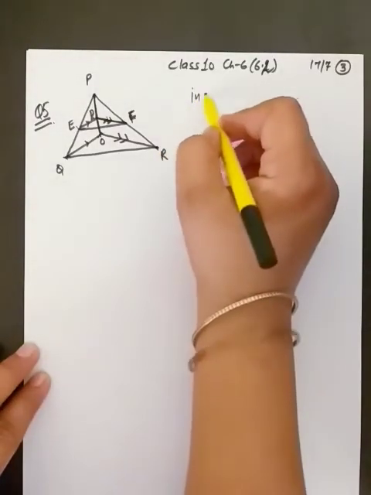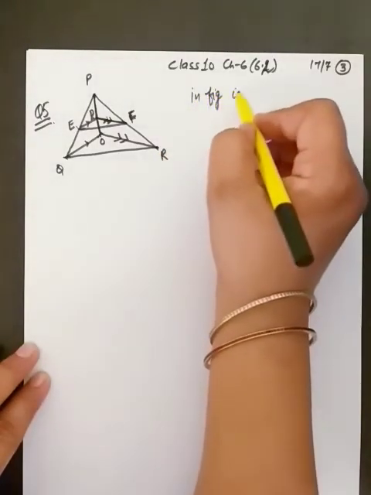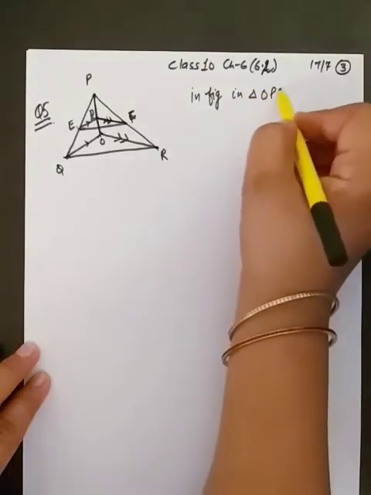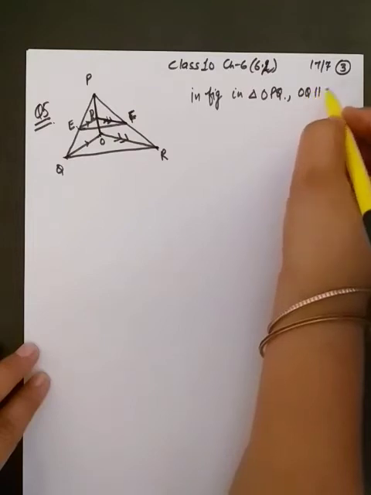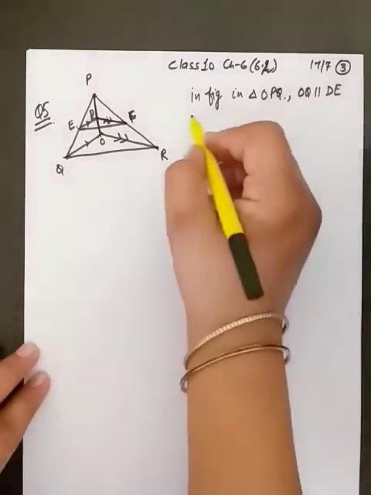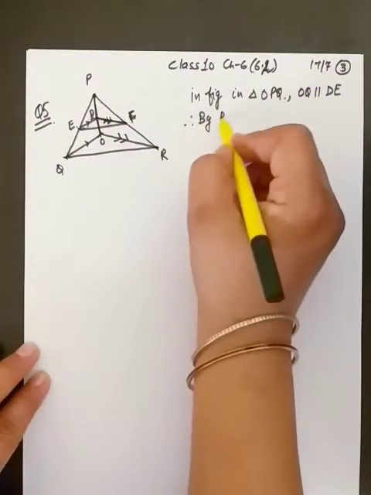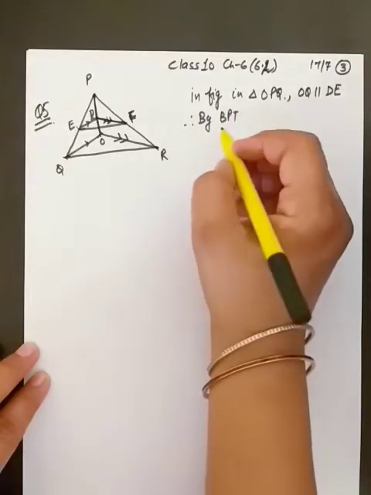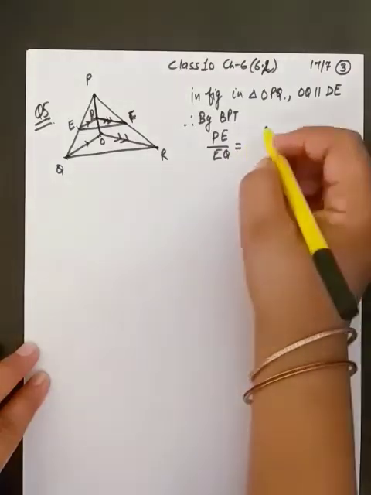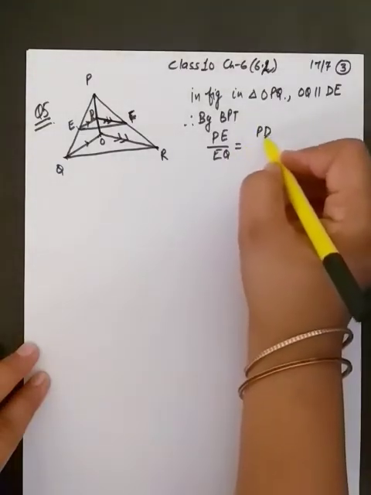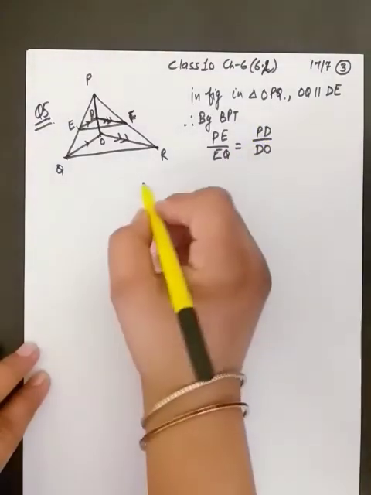In the figure, in triangle OPQ, it is given OQ parallel to DE. So therefore by BPT we get PE by EQ is equal to PD by DO.